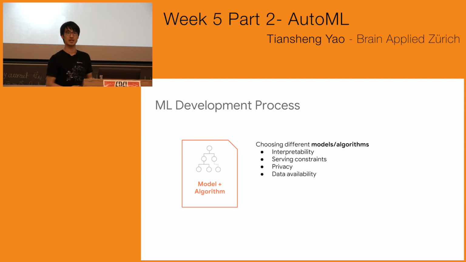Also serving constraints: if my model is going to be deployed on a mobile phone, you probably don't want to train very large models. And also privacy and data availability: if you're going to train a huge neural network with only a few hundred data points, probably you're not going to train it.